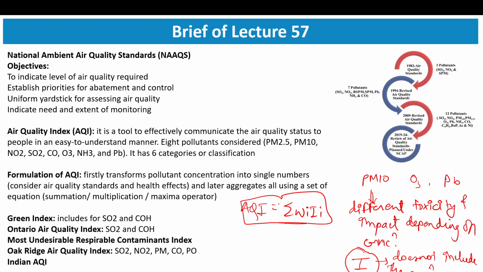Now, this is nothing but an operator over I which you have followed, which is one of the ways, weighted average. Another way you can have is the maxima operator. So you identify the pollutant which has maximum I, and that will govern your AQI.